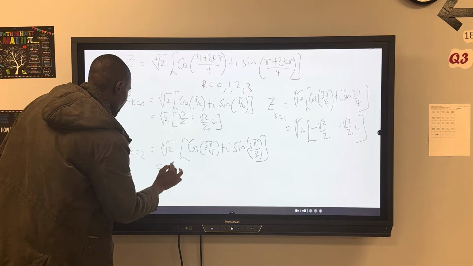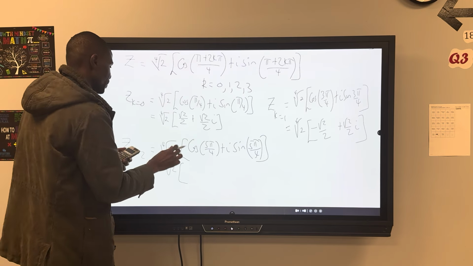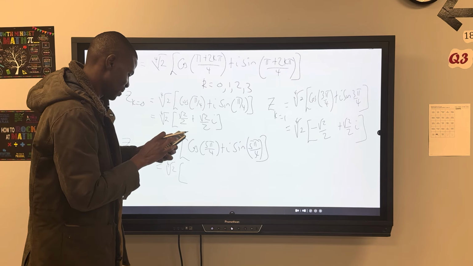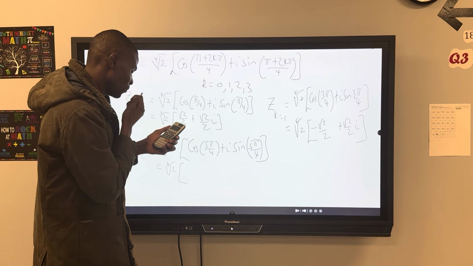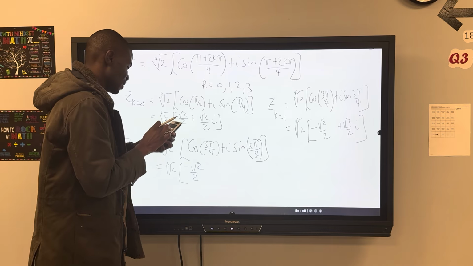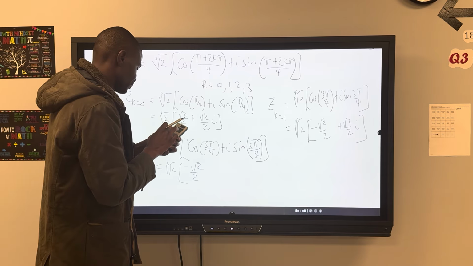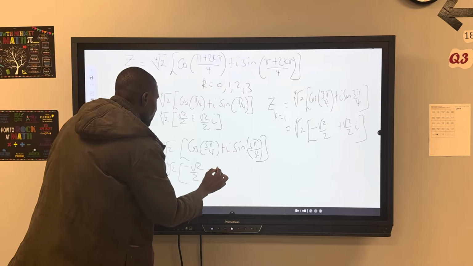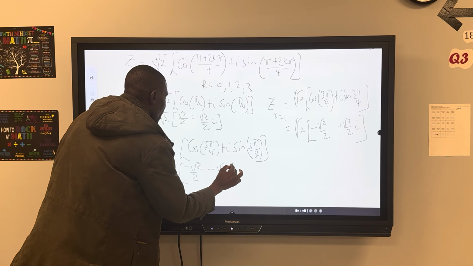So what do we get? 4th root of 2, right? So it's now 5 pi. For cos, it's negative root 2 over 2. Then for sine, it's negative again, negative root 2 over 2 i, right?